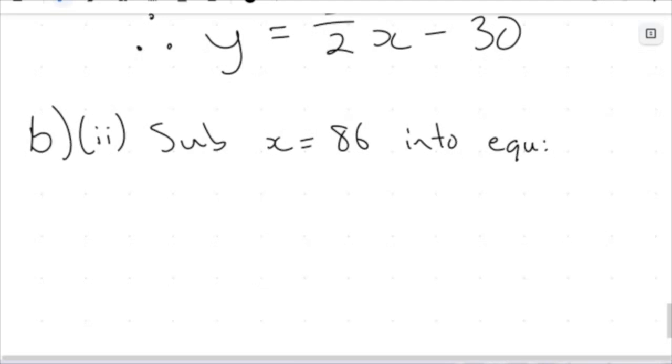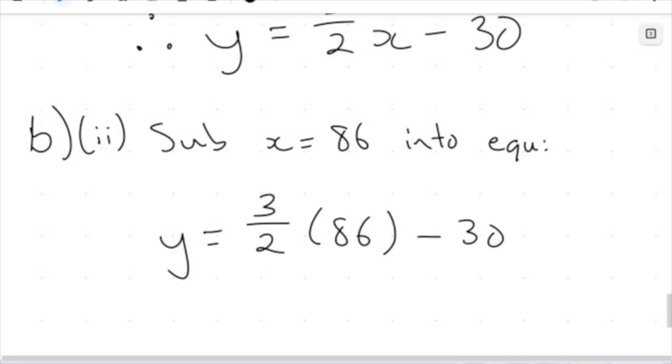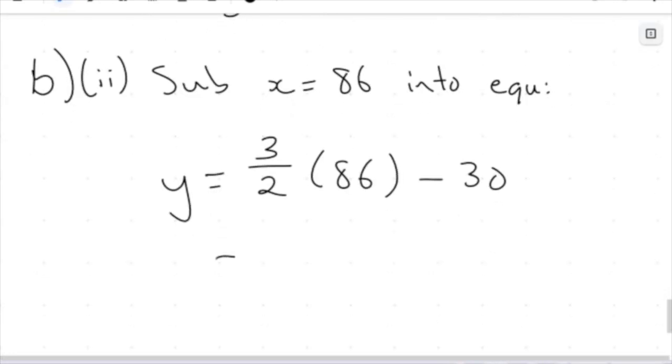So I'm going to get that y, my literature mark, is equal to 3 over 2 times 86 minus 30. Once I do that, I'm going to get 99 as my answer.